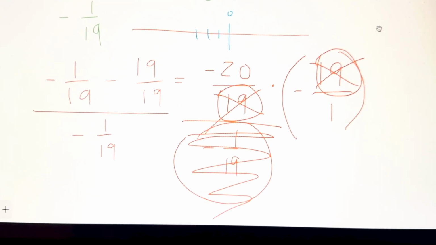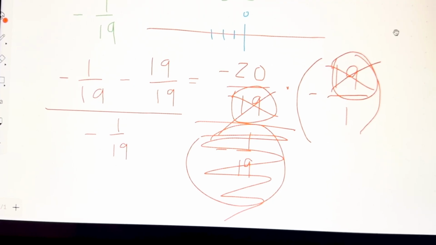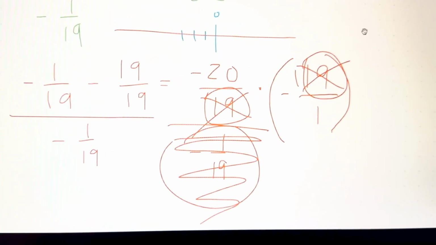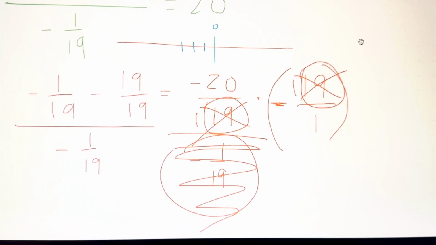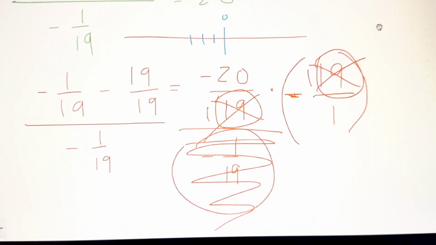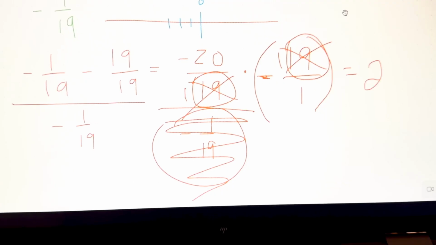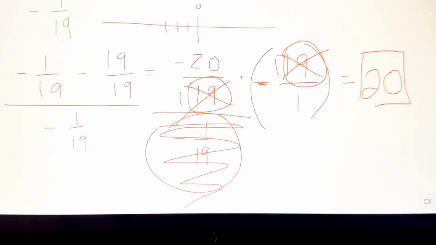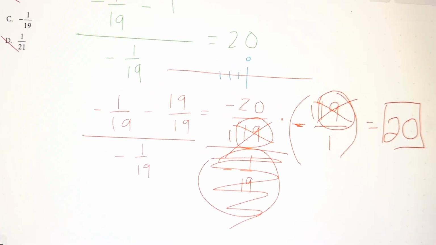So then you have 1 over 1, and this is negative 1 over 1, and this is negative 20 over 1. And 1 over 1 is just 1. So I've got negative 20 times negative 1. And what's that? 20. Bingo. And that way we can confirm it was answer choice C. That is complicated.